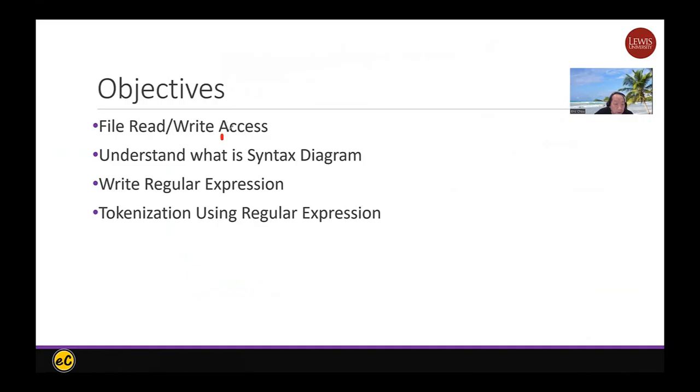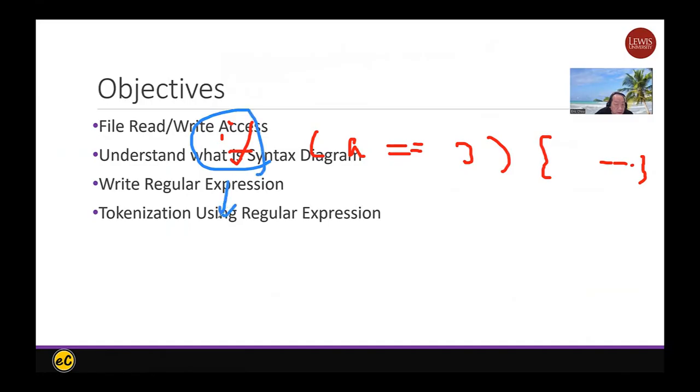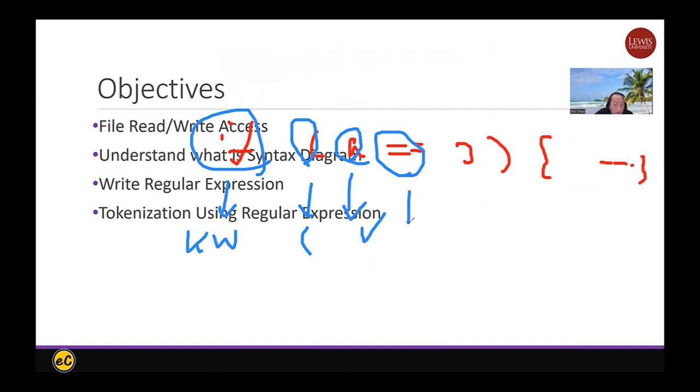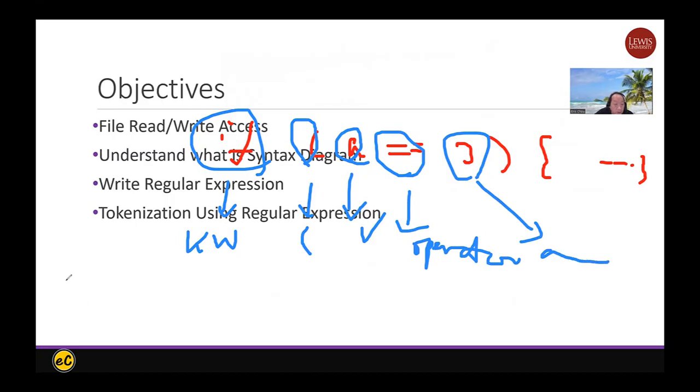For example, you have: if (A equals 3) { something }. You will tokenize it as keyword, parenthesis, variable, operator, and constant. So this is called tokenization.